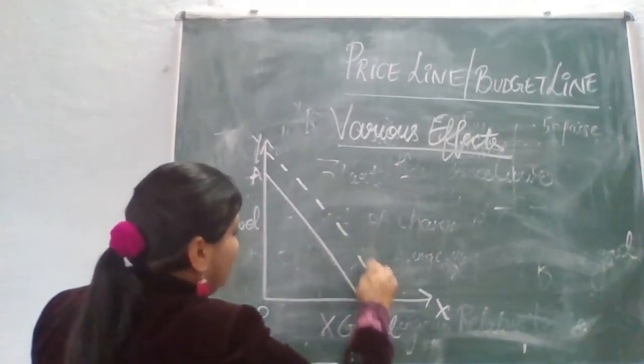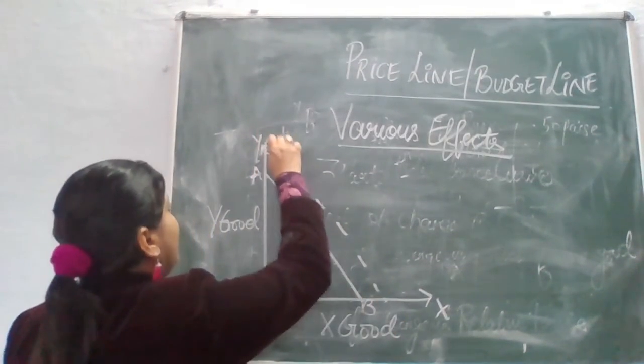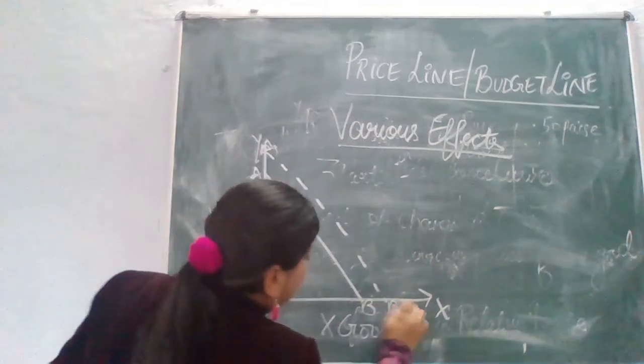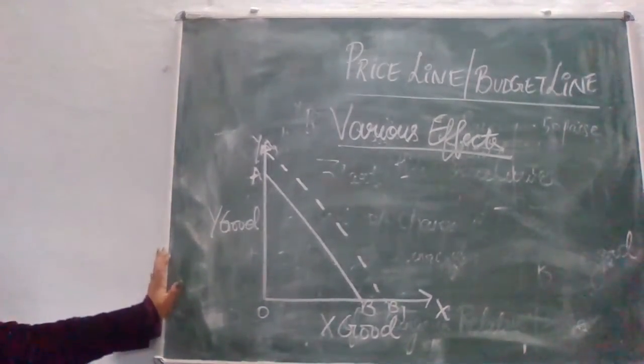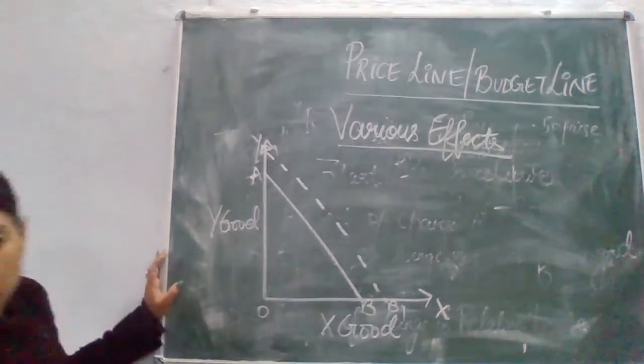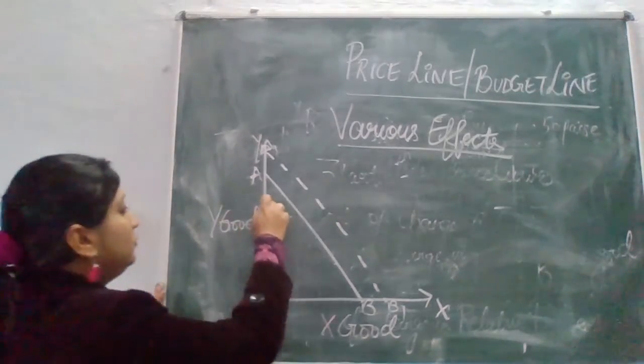A1, B1. Okay, income के बढ़ने से price line shift हो जाती है A1, B1. And if income of consumer falls, then vice versa, the price line shifts from AB to A2, B2.